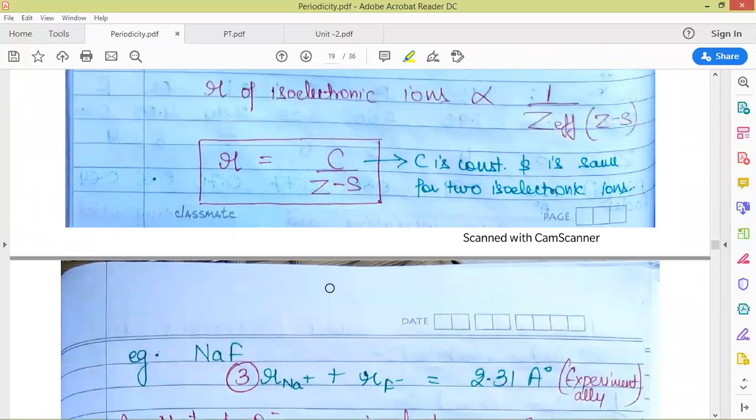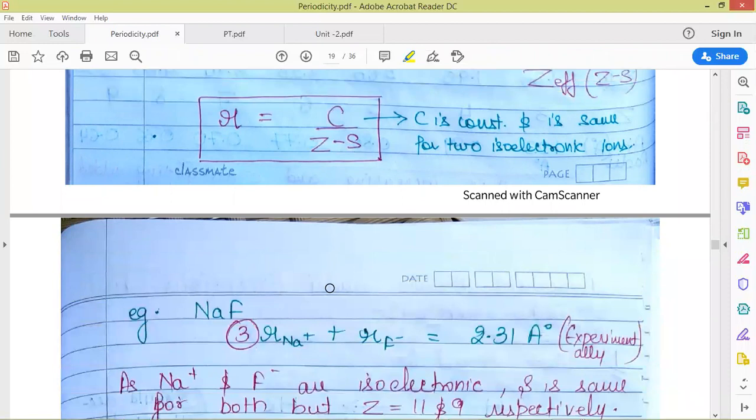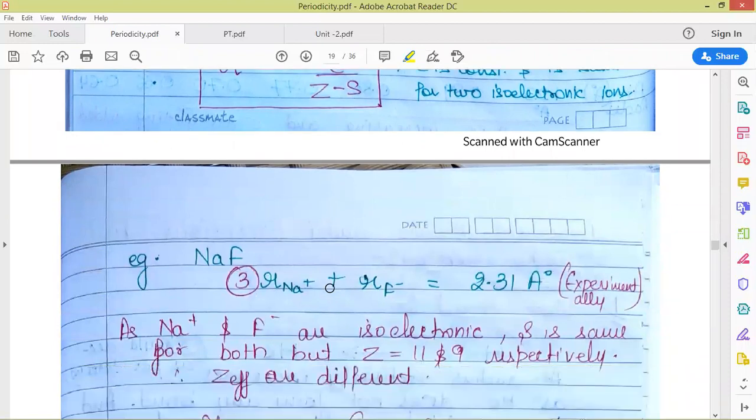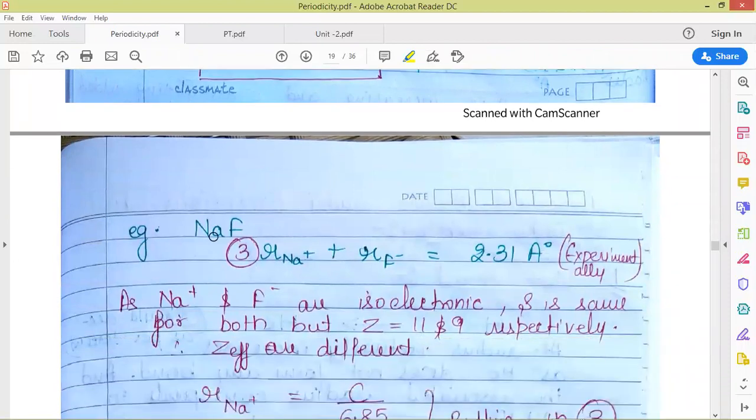Say, let us try to calculate for NaF, sodium fluoride, where both ions have 10 electrons each, as sodium, with atomic number 11, has lost 1 electron and formed a cation, and fluorine has gained 1 electron, and they are both at 10 electrons each, with an ionic bond between them.